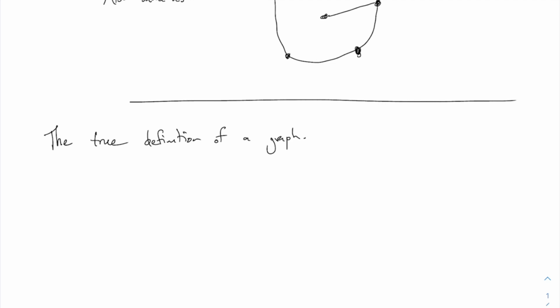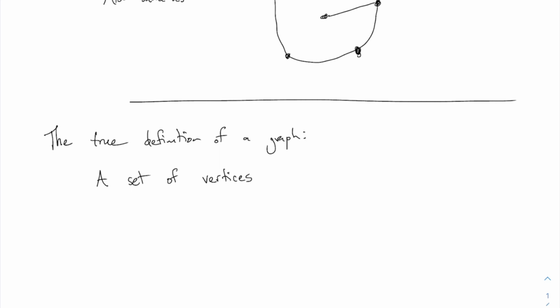A graph consists of a set of vertices. Sets are kind of the basis of all of mathematics. These days, in the 20th century, sets became the foundational language that all of mathematics now is expressed in terms of sets.